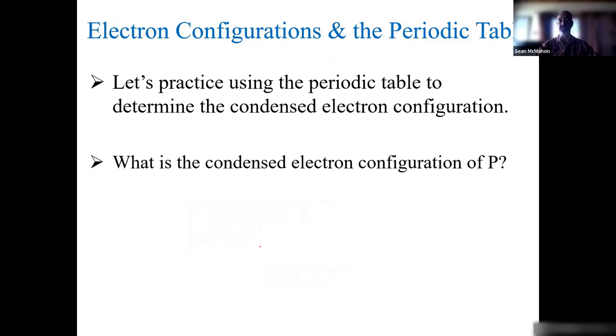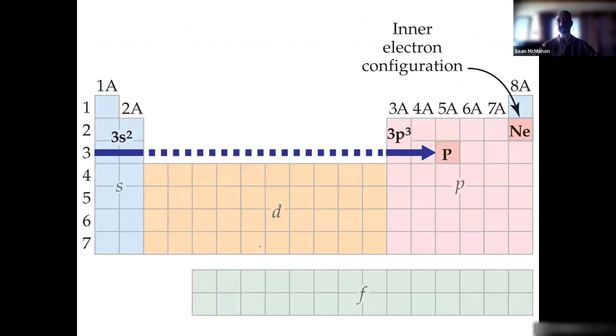So let's practice using the periodic table, right? Just get comfortable with maybe some easier electron configurations, and let's do it for phosphorus, right? So if I look at phosphorus on the periodic table, it's in the 3rd energy level.